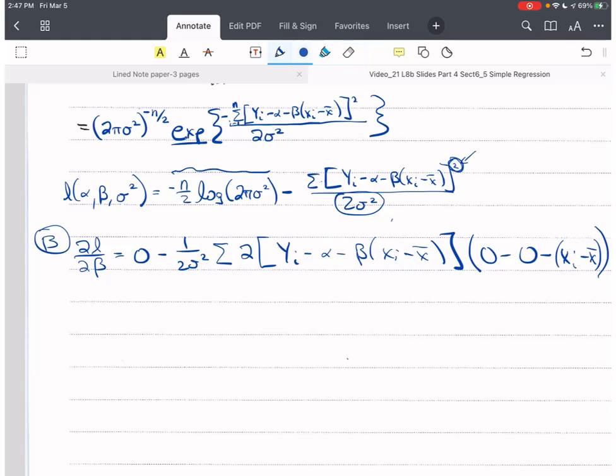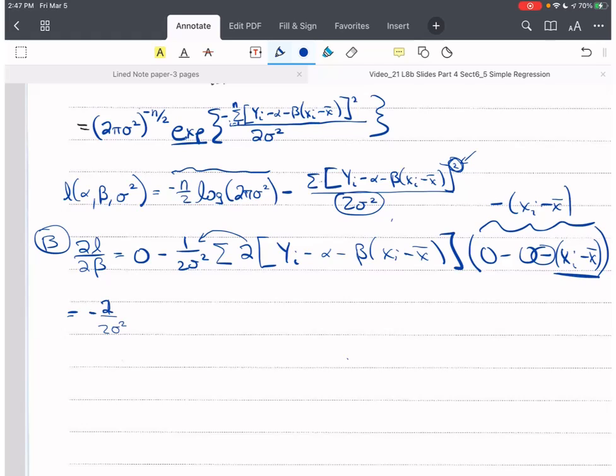Okay? And so this is equal to negative 1 over 2 sigma squared. And then this has to stay inside the summation, but I can pull the 2 out. So I will have a 2 here. And this is negative. So this quantity here is going to be a negative xi minus x bar.